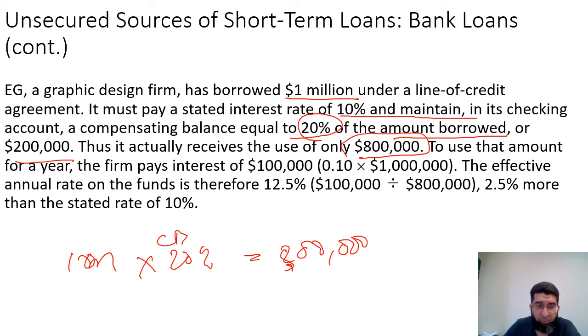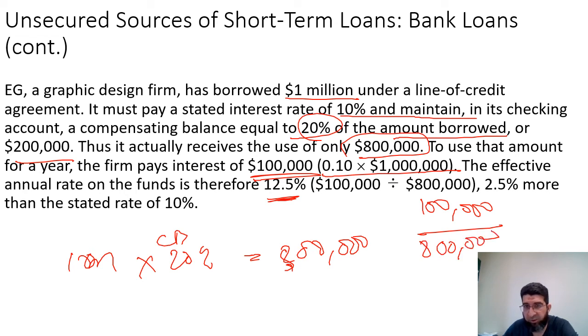To use that amount for a year, the firm pays interest of $100,000. You'll see this is 10% of $1 million. The effective annual rate on the funds is therefore 12.5%, which is the $100,000 that we pay divided by the $800,000 that we actually use, and this gives us 12.5%.